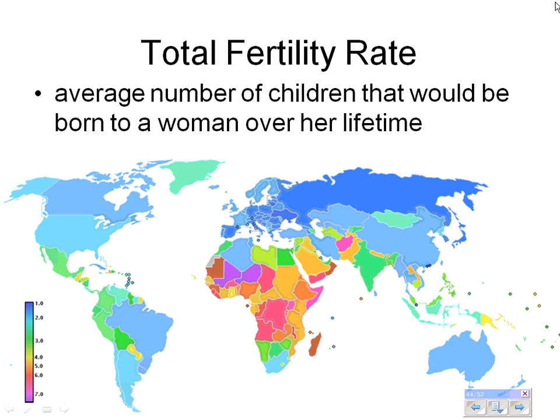We should note that the United States has a TFR of about 1.9, so less than 2. Again, this is an average. Japan, 1.4, so they have a low TFR. And a country like Nigeria, it's about 6. So 6 children per woman.